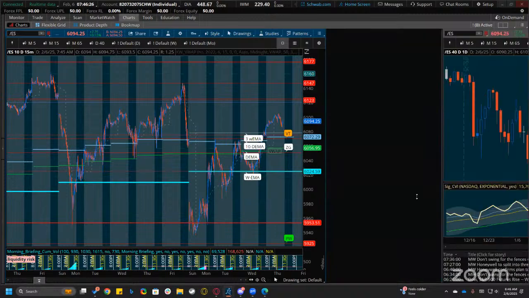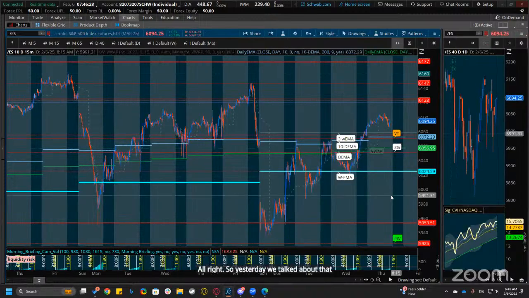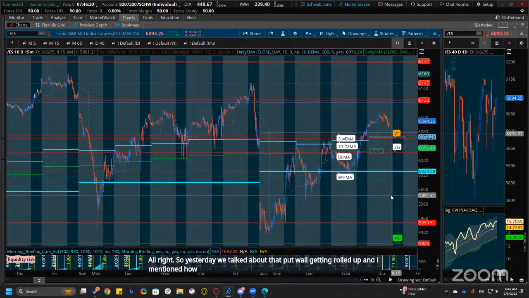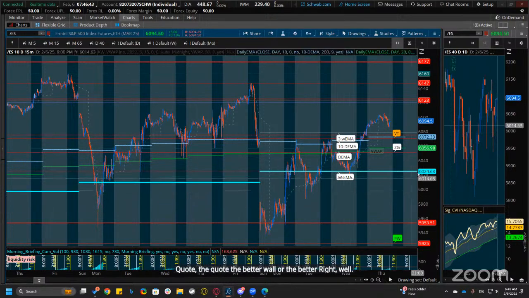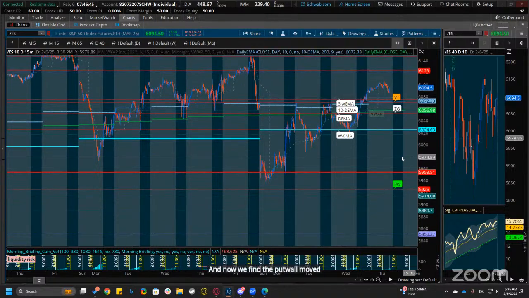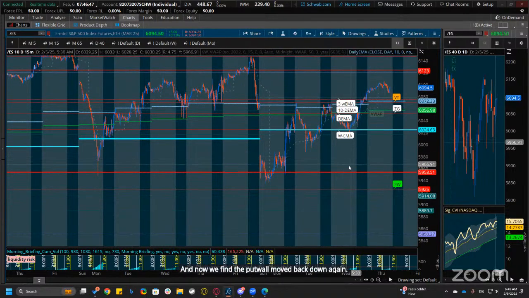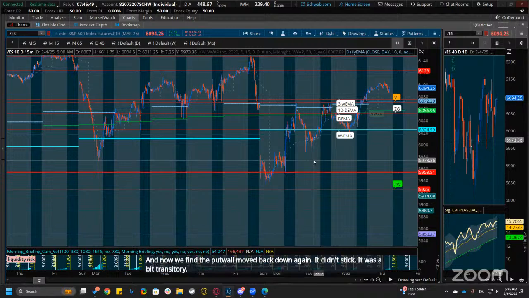All right, so yesterday we talked about that put wall getting rolled up, and I mentioned how it was likely a temporary situation, and that it wasn't quote the better wall or the right wall. And now we find the put wall moved back down again. It didn't stick; it was a bit transitory.